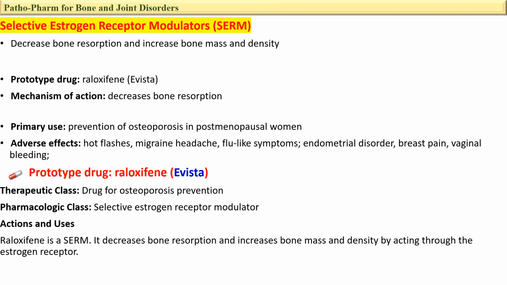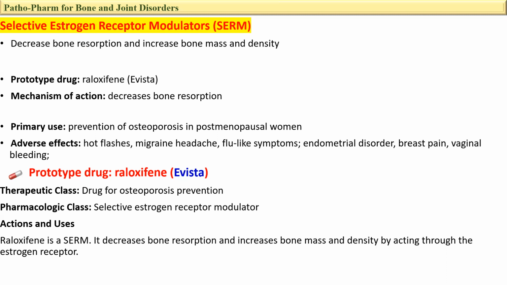Although the drug reduces the vertebral fractures caused by osteoporosis of the spine, it does not appear to reduce the incidence of fractures at the non-vertebral sites.